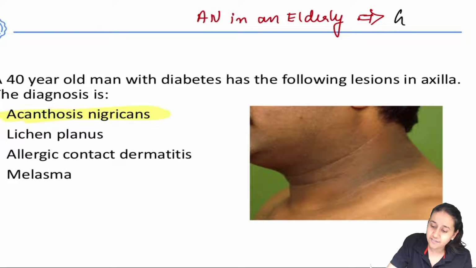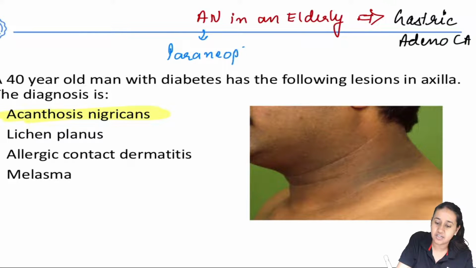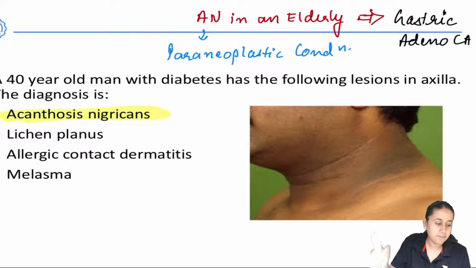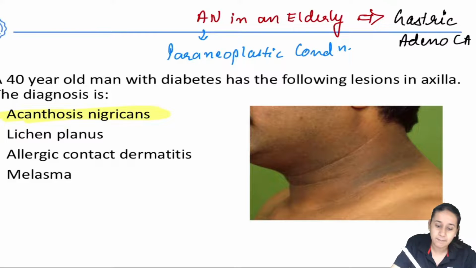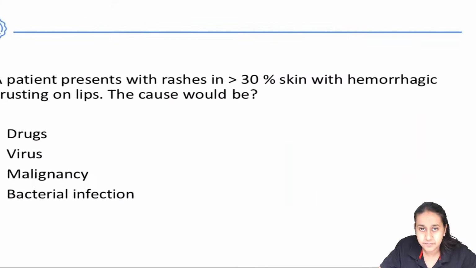It gives you an idea of underlying associated gastric adenocarcinoma, because acanthosis nigricans is also a paraneoplastic condition. Very nice, great.